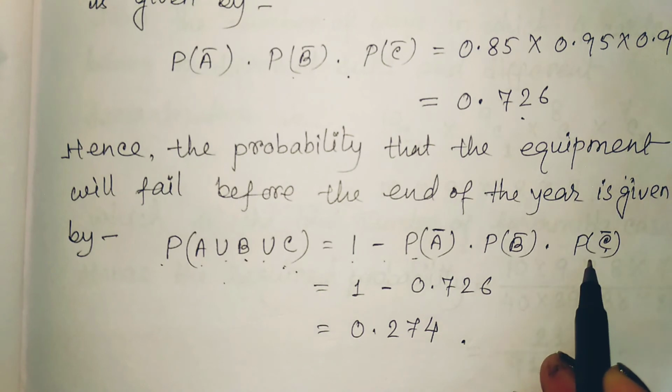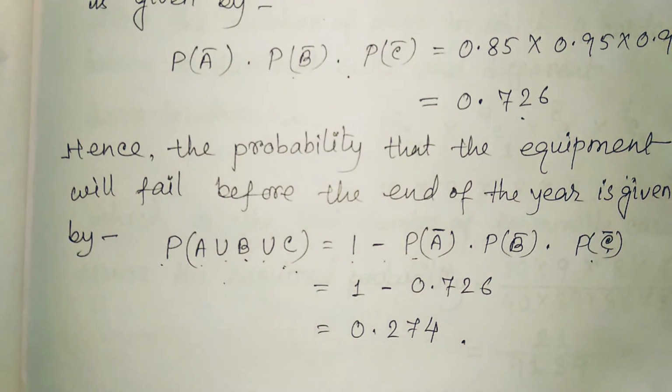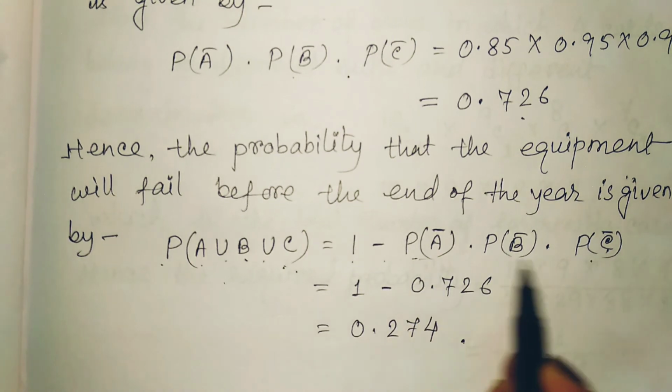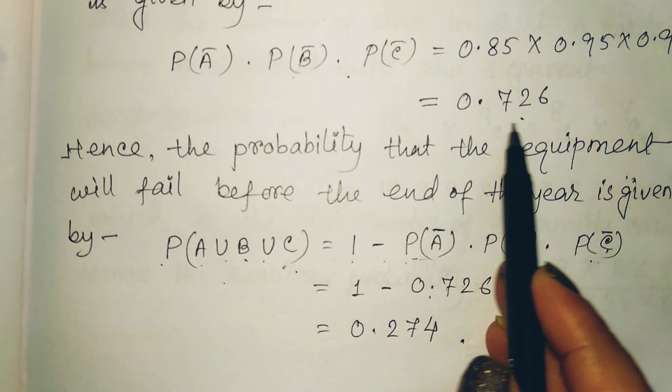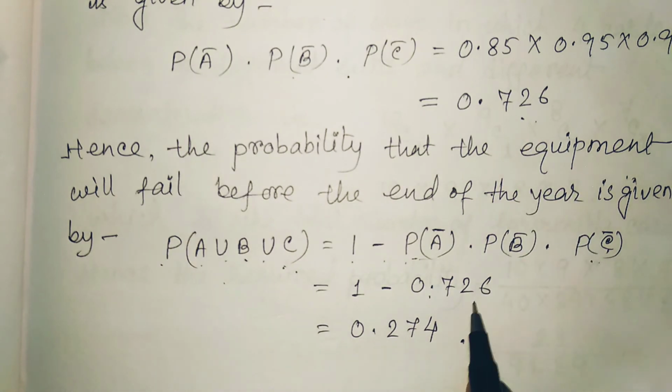That's why we can write this one. And this is definitely the complementation rule for the independent events. Its probability we have already calculated, that is 0.726. Now if we substitute, then we will find the probability that the equipment will fail before the end of the year is 0.274. So this is the answer.